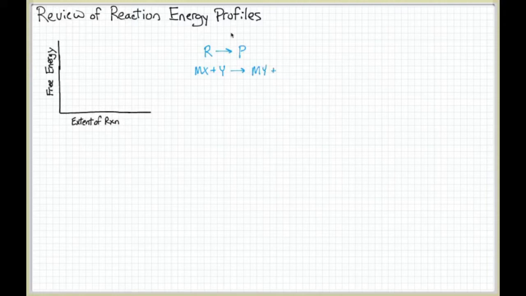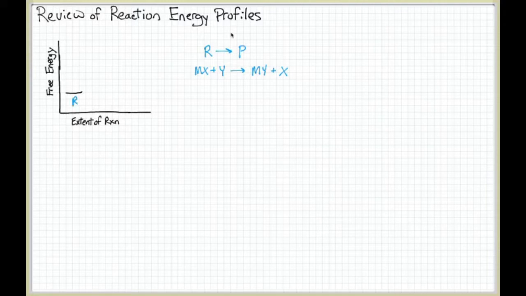We'll use a simple sample reaction of the substitution of a ligand X with ligand Y. So MX and Y are reactants, and MY and the free ligand X are the products.